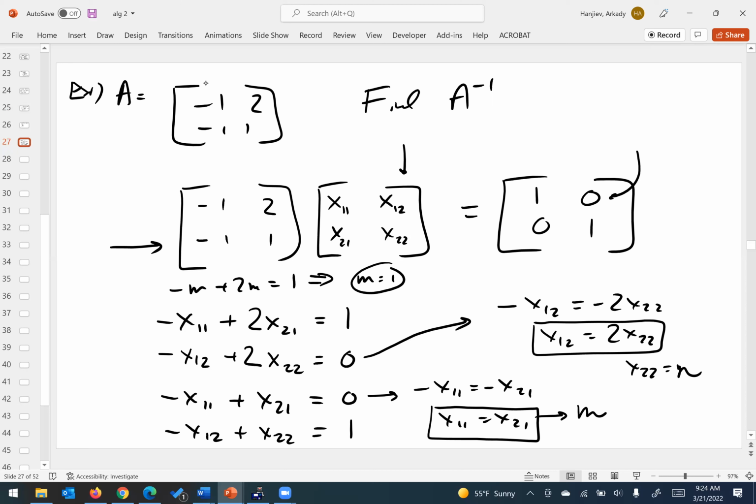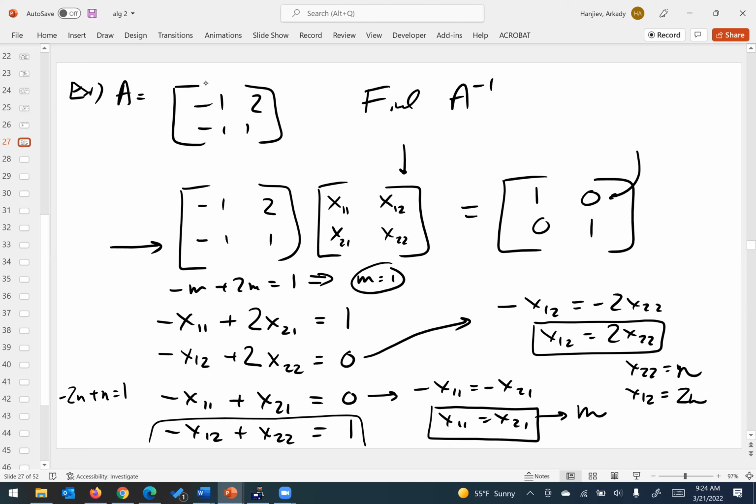So that means x12 is, are we okay with 2N? Tell me if that makes sense. And if that's the case, I can write this one now. Let me rewrite this one in terms of N. So negative 2N plus N is equal to 1.